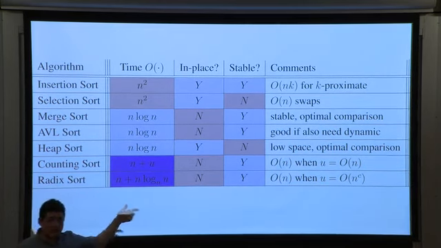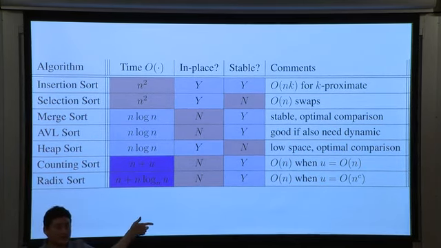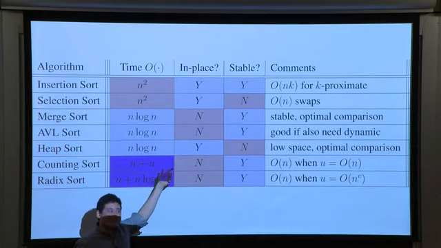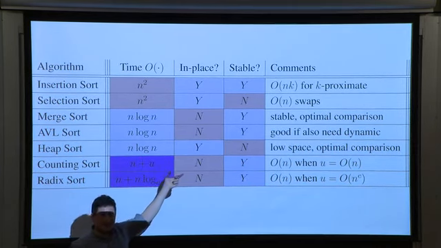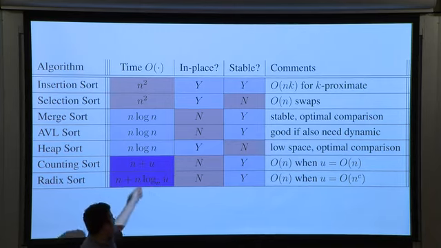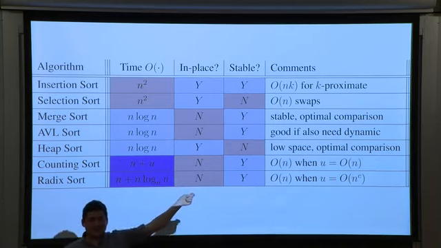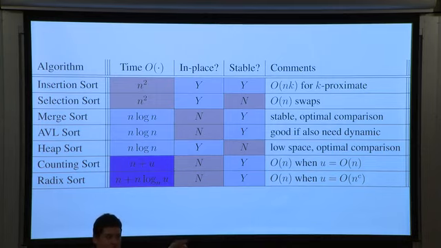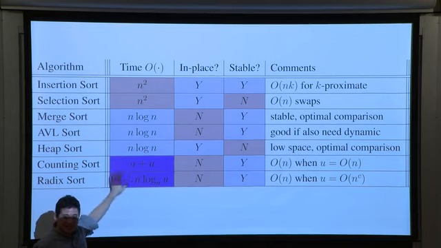But we can actually do better than n log n if this u is n to the c times log n, right? For some c. If it's asymptotic, if it's n to the c log n, that's smaller than n log n, right? So that's a better algorithm. That's a faster algorithm. Do you guys see why we wrote these things this way?